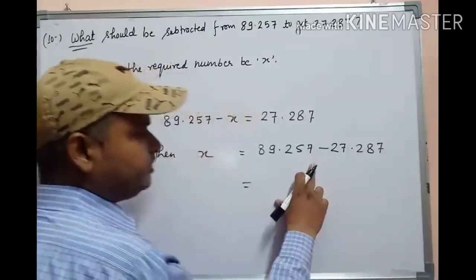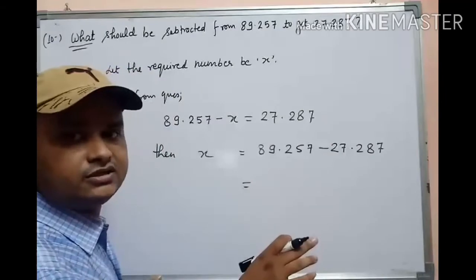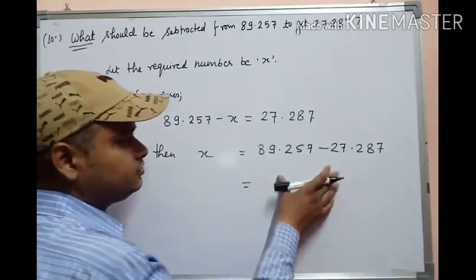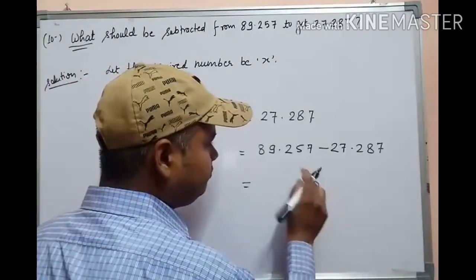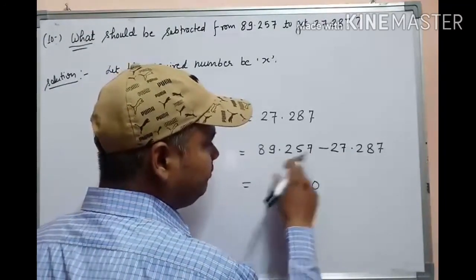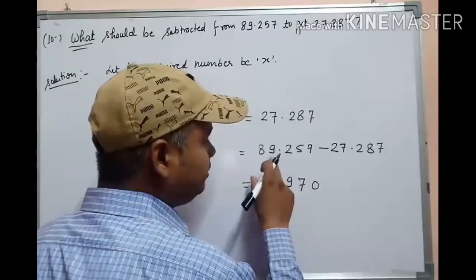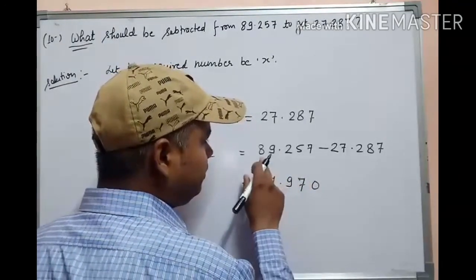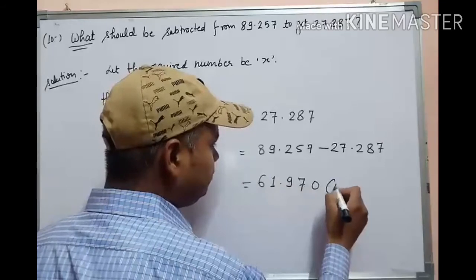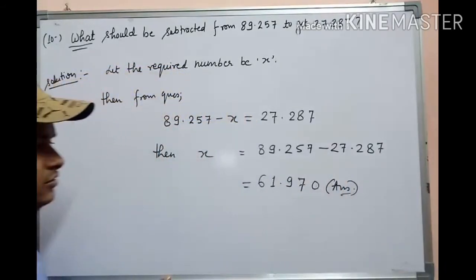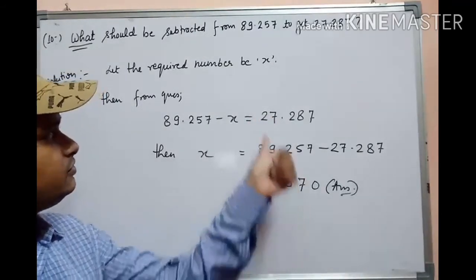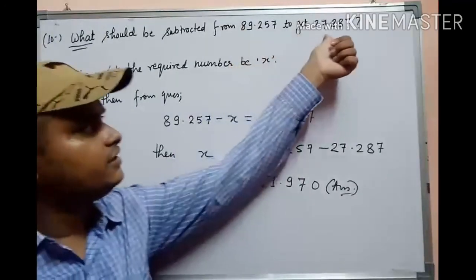First of all you have to check that both decimal numbers are like decimals. Both are like decimals, so you subtract. 7 minus 7 is 0, 15 minus 8 is 7, here 1, it means 11 minus 2 is 9, and here 8 minus 1 is 1, and 8 minus 2 is 6. So 61.970 is the number which, if you subtract from this, you will get this.